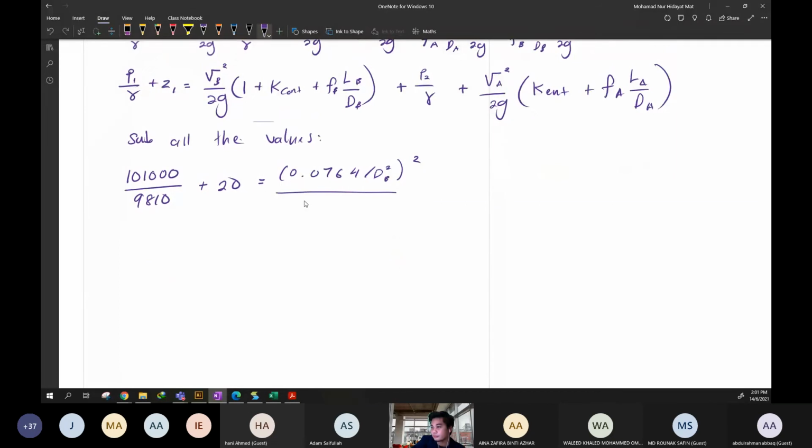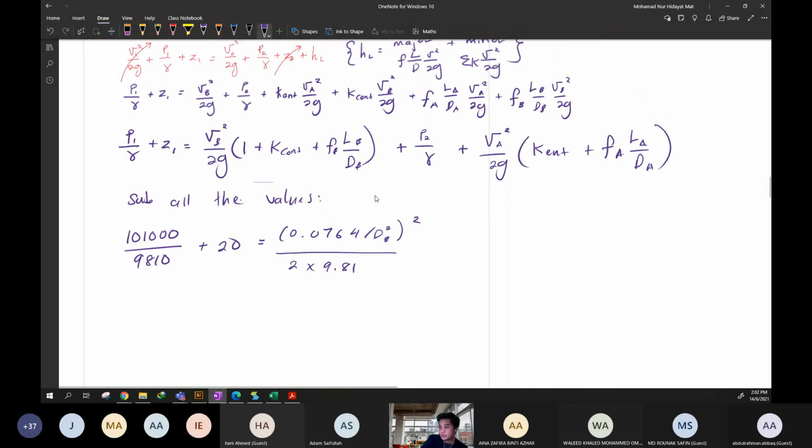All right, to gravity 9.81. Okay, and then you need to plus this one, 1 plus K contraction. The K contraction you look at from the table.